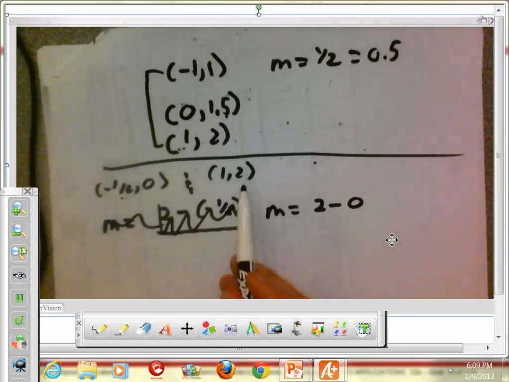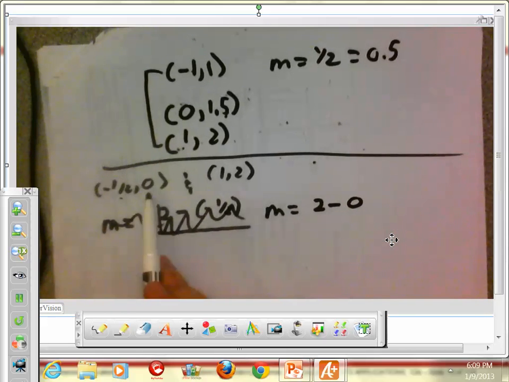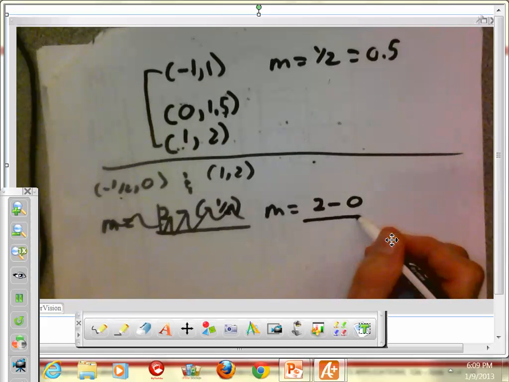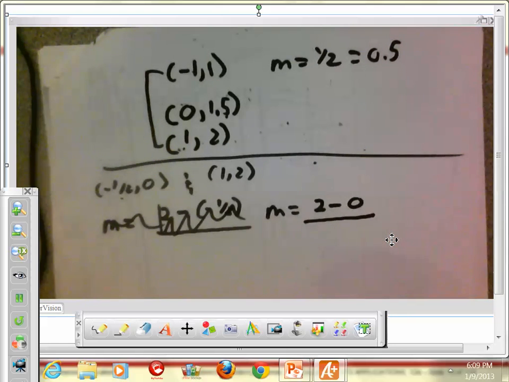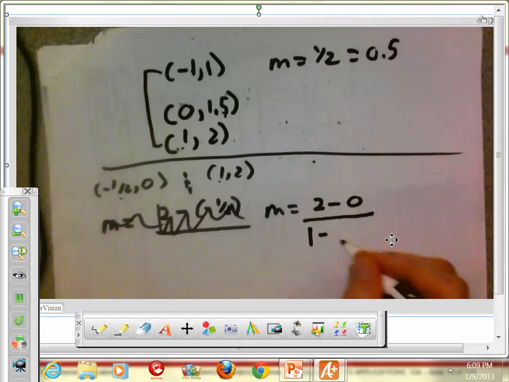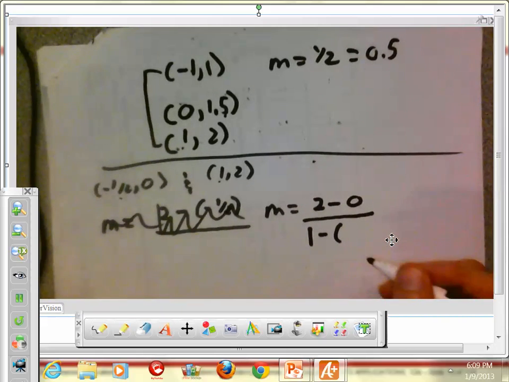This y-coordinate minus this y-coordinate, divided by this x-coordinate, which is going to be 1 minus negative 1/2.